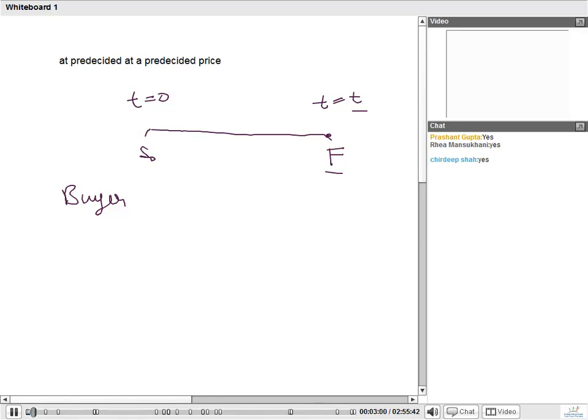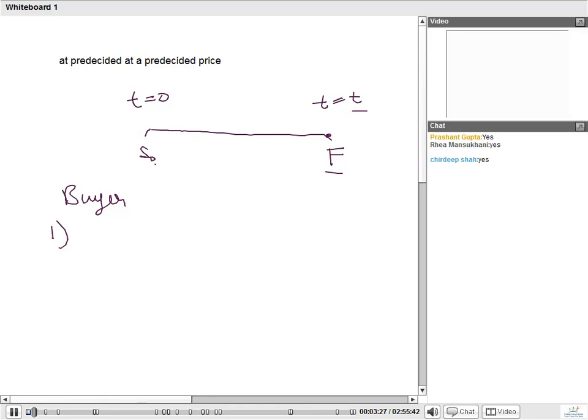I am positive on the price, however I don't have the money right now. So what can I do otherwise? If I don't have the money right now, rather than buying the forward in the derivative contract, I can borrow money from a bank and buy the asset today itself, and at a time t equal to t, return the money. So the buyer has two options.